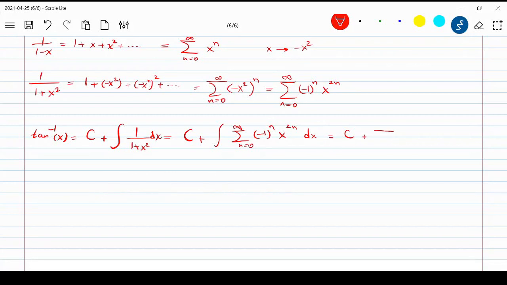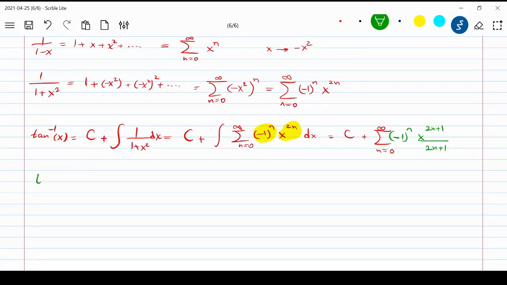So the summation is still there, from 0 to infinity. Ask yourself what is the integral of this term. It is a constant multiplied by x to the power 2n. So negative 1 to the power n is still there. What is the integral of x to the power 2n? You add 1 to the exponent and divide by the new exponent, 2n plus 1.